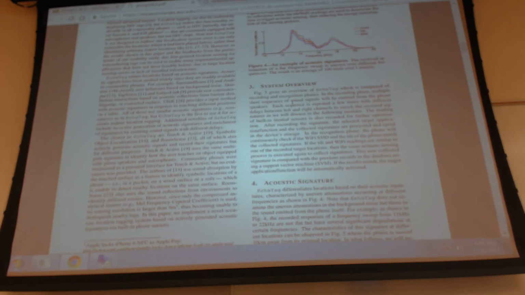Now in this system overview, in addition to the sound signature, they also store the Wi-Fi information. So this is kind of a hybrid approach towards indoor localization. They not only use the echo tag, they also use the Wi-Fi SSID. SSID is not signal strength.